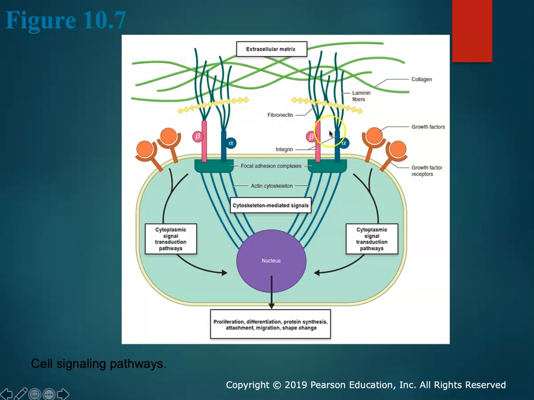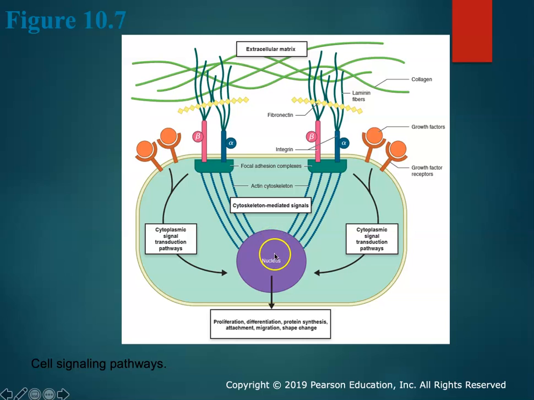You can also see that these integrins are indirectly linked to the cytoskeleton inside the cell. So binding of something to this integrin receptor out here will affect processes inside the cell. That's what this is saying, cytoskeleton mediated signal. Particularly, it will affect things related to the cytoskeleton.